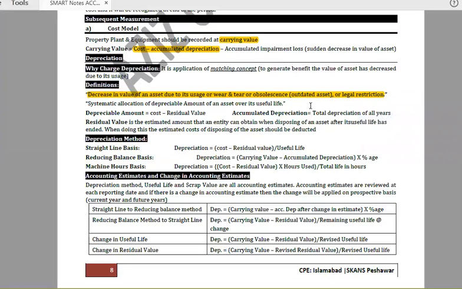But the most common type is usage. Whenever we will use an asset, it is obvious that the value of that asset will be reduced. So reduction in value of an asset with its usage is called depreciation. There is another definition as well. Systematic allocation of depreciable amount of an asset over its useful life.